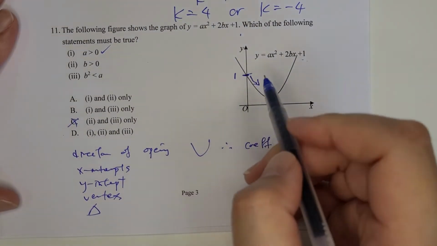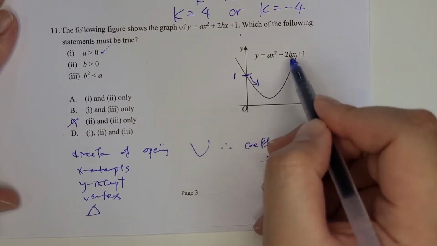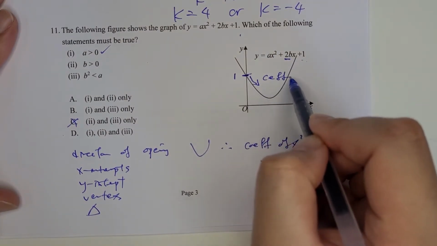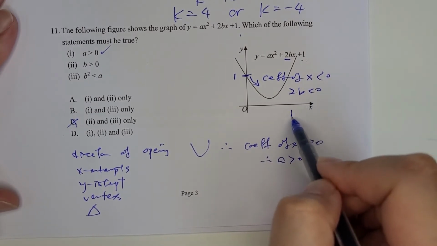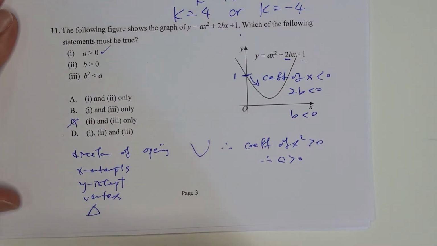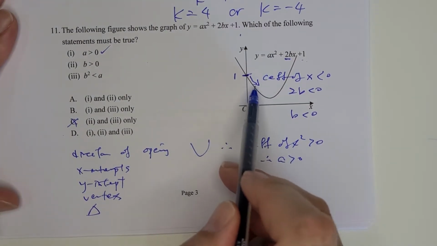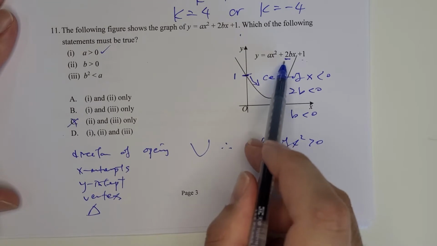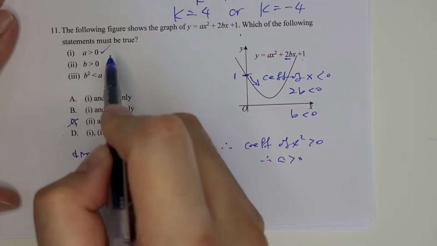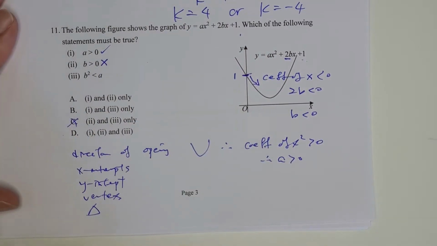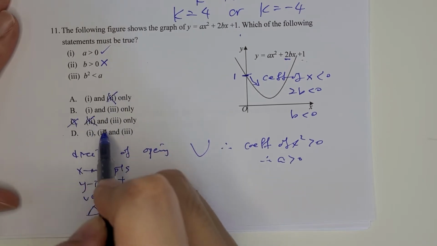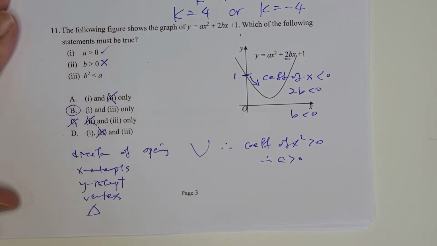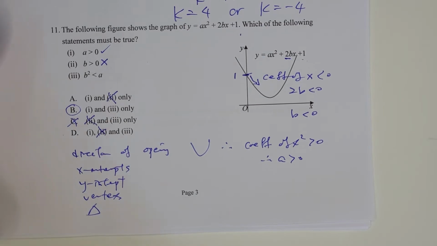So if it is sliding downward, that means the coefficient of x is negative. Therefore, 2b is negative, and hence b is negative. That's the way we check the sign of b. Therefore, statement 2 is not correct, and that means all options with 2 would not be correct. And the answer would be B. B for boy.